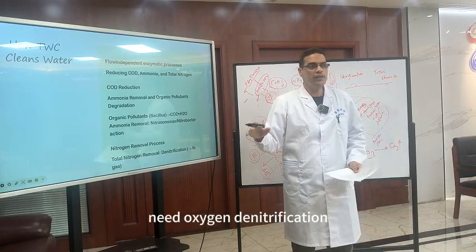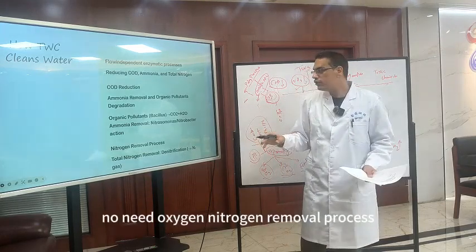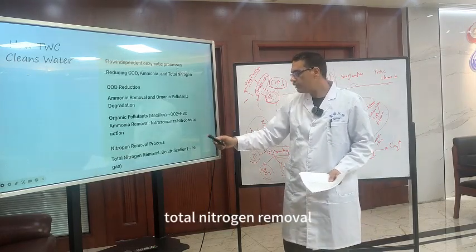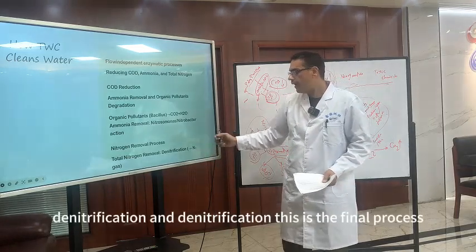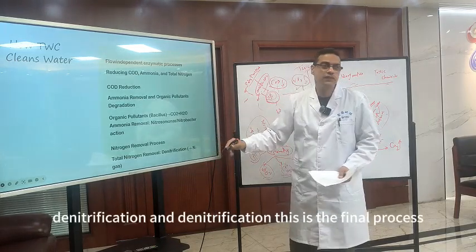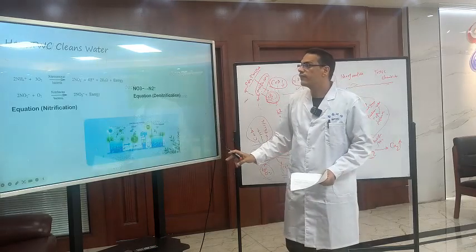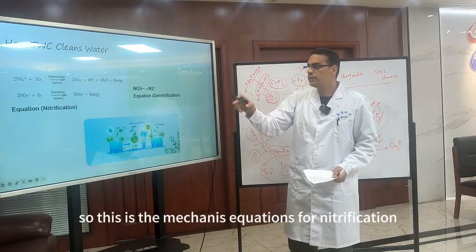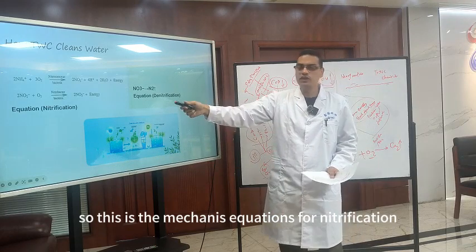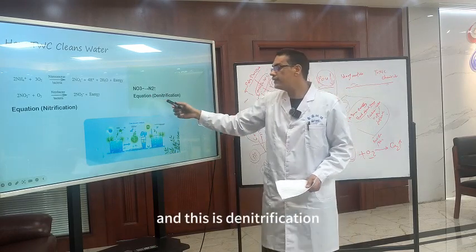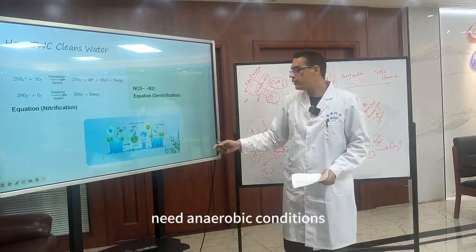Nitrification needs oxygen, denitrification needs no oxygen. Total nitrogen removal, denitrification, is the final process and needs anaerobic conditions. These are the equations for nitrification, which is aerobic, and denitrification, which needs anaerobic conditions.